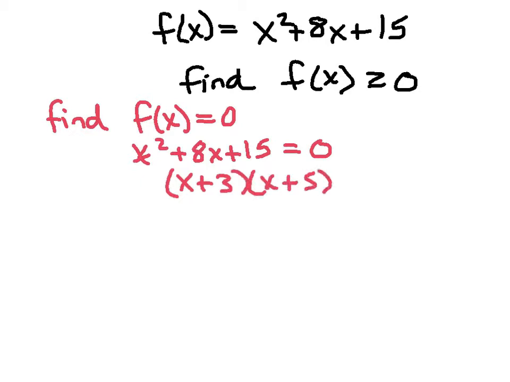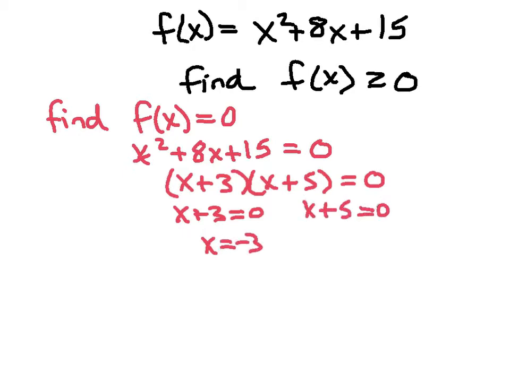If you're unsure of how that factors, you can go back and look at my factoring podcast, or you could just use the quadratic formula. Now we set each one of these factors equal to 0, and we get x equal to -3, and x plus 5 equal to 0 happens when x is equal to -5.